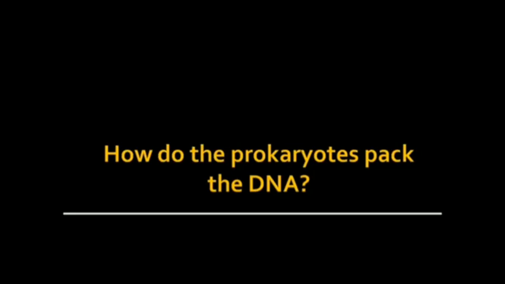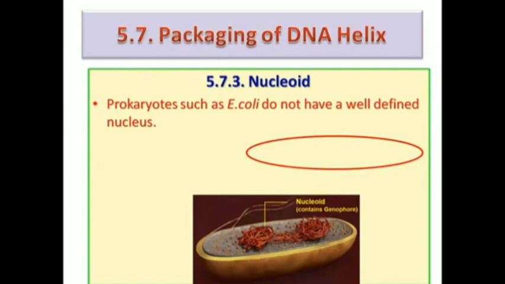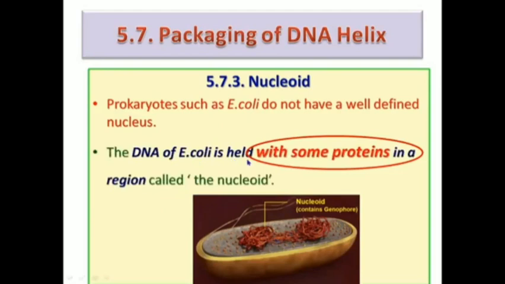Next, how do prokaryotes pack their DNA? Prokaryotes such as E. coli do not have a well-defined nucleus. The DNA of E. coli is held with some proteins in a region called the nucleoid.